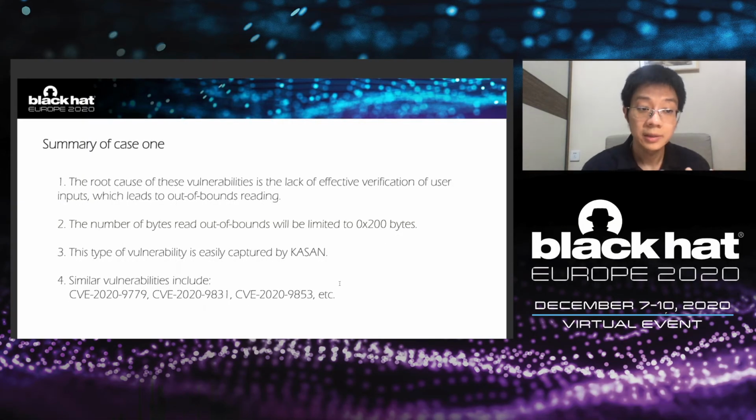So in summary, this type of vulnerability is straightforward and easy to fix. The vulnerable handler lacks the necessary verification for user mode input parameters, and with the kernel address sanitizer's help, such vulnerabilities are easy to hunt. We have several more cases.